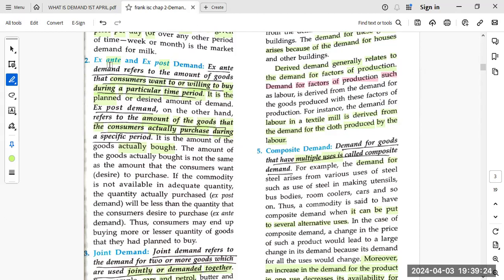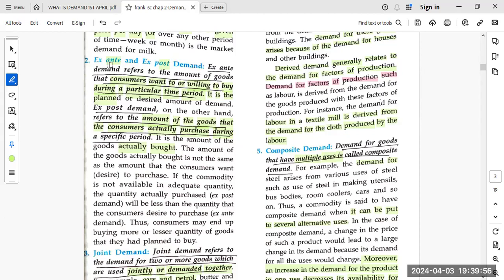So what was my ex ante demand? In my example, how much quantity of rice? 10 kgs. 10 kgs was ex ante demand. My plan. I planned to buy 10 kgs. But how much I actually purchased? 8 kgs. So 8 kgs becomes my ex post demand.